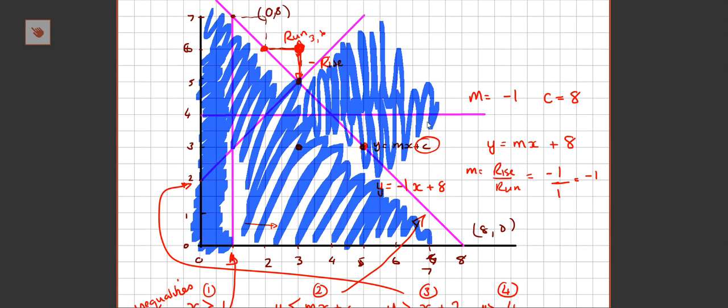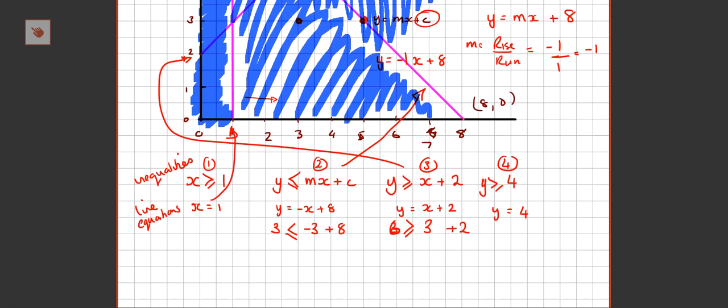We have done something wrong. What have we done wrong, Lucy? Is it that y is smaller than or equal to mx plus c? Yeah, because we're saying y is less than or equal to mx plus c. So we've got 3 is less than minus 3 plus 8, and I said, is that right? And you said, oh no, it's true. In my head, I was like, no, it's not. I made the mistake as well.